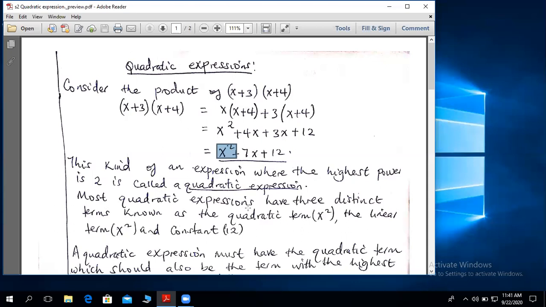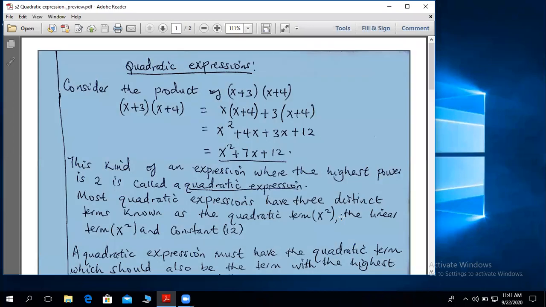Most quadratic expressions have 3 distinct terms. The first term is the one where the highest power is 2, and this is called the quadratic term. This is the one that makes it a quadratic equation. So x to power 2 is the quadratic term.